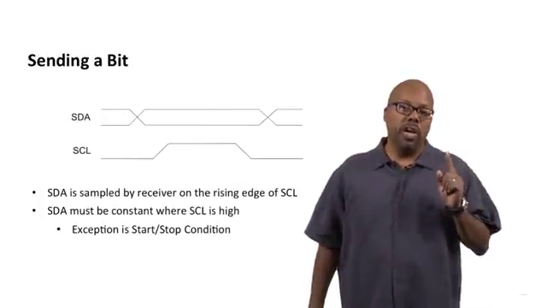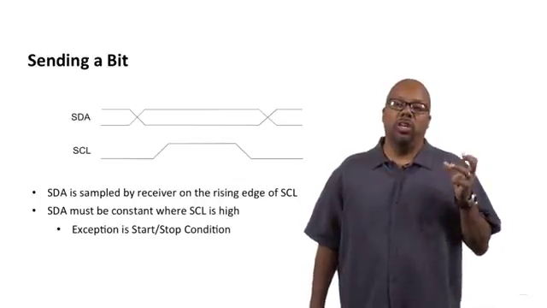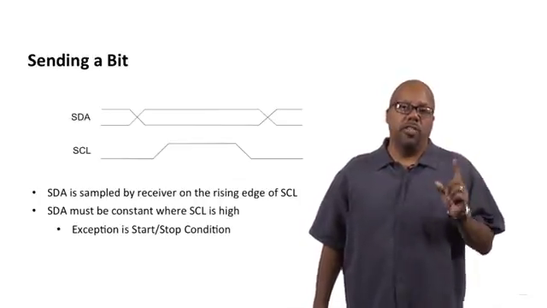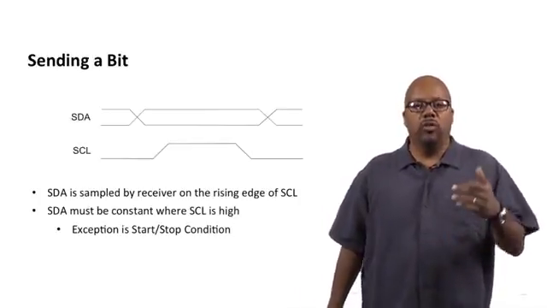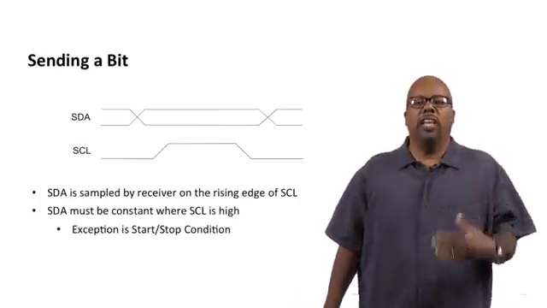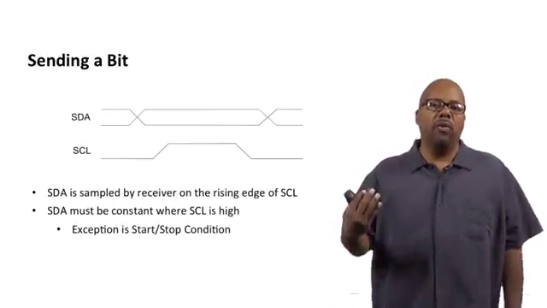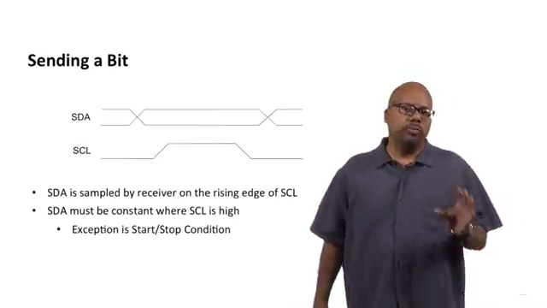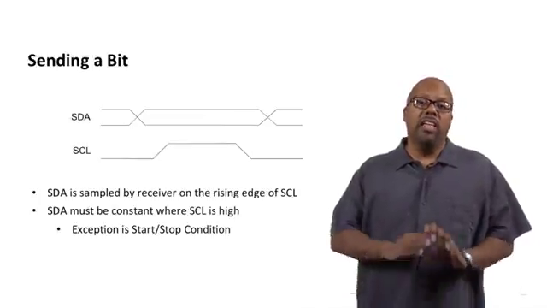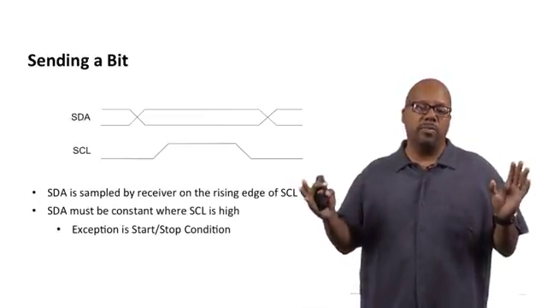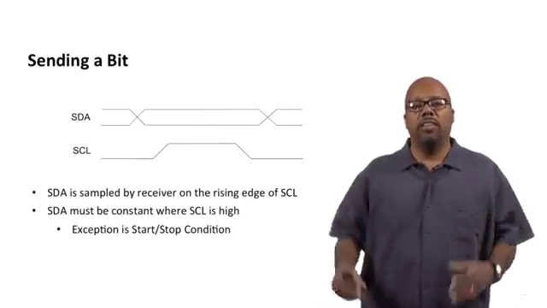The only time you can break that rule is if you're doing a start condition or a stop condition. Those conditions explicitly violate those rules, right? A start condition is where the SDA goes low while the clock is high, and a stop is where it goes high while the clock is high. But if you're sending actual data, then the rule is that the SDA line has to be held constant the whole time that the clock is high.